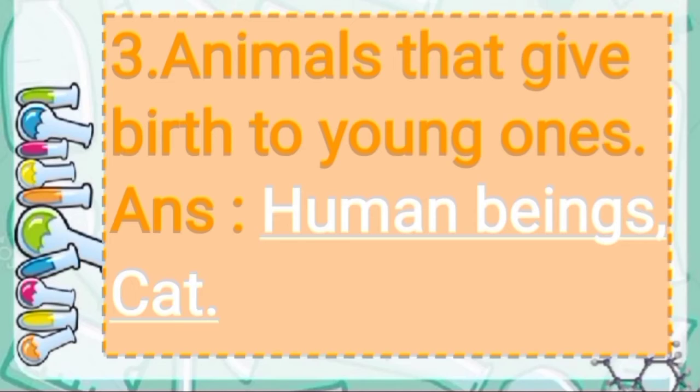So the answer is human beings. And second example is cat. So as you know, some animals do not lay eggs, and they reproduce by giving birth to young ones. And human beings and cat are examples of animals that give birth to young ones.